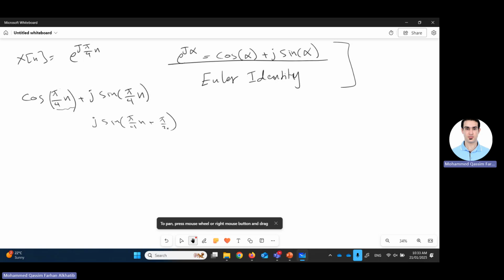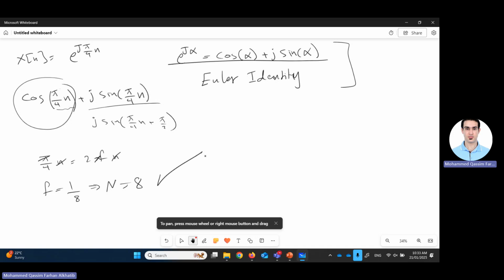It's a phase shift of pi over 2. So let's work on the cosine. We can make the same conclusion for that one. So again, pi over 4 n equals 2 pi f n, and n will cancel. Pi and pi will cancel. So f equals 1 over 8, so N equals 8, periodic. Okay?